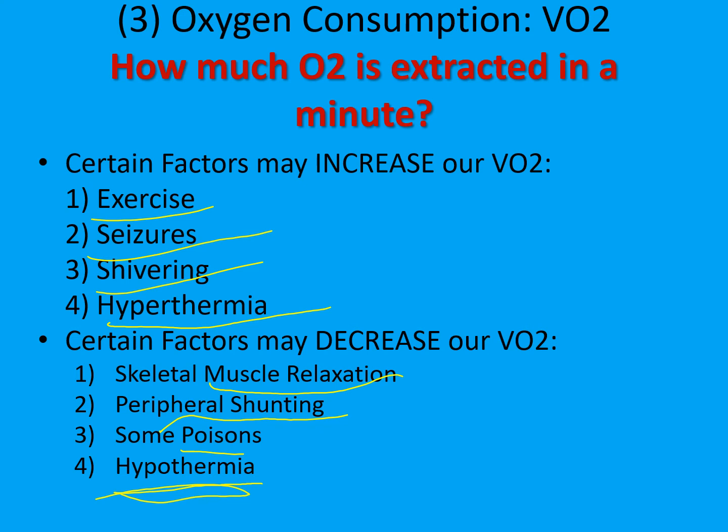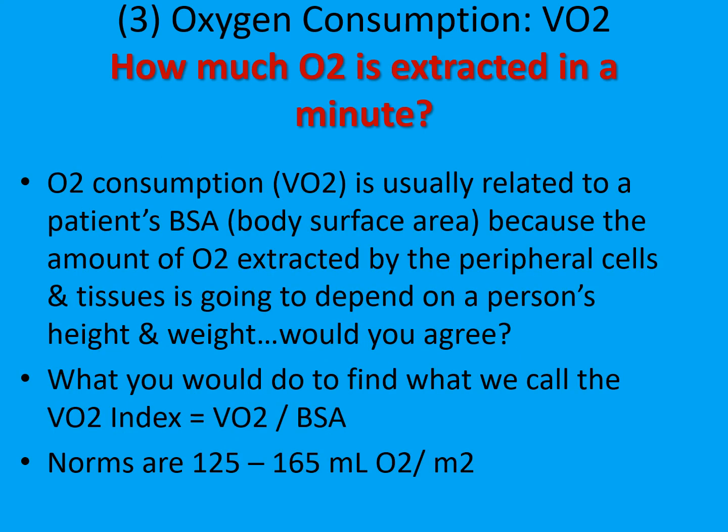Hypothermic therapy is where we take their core temperature down to around 33 degrees centigrade or so, and we have to paralyze them so that they're not shivering, and therefore voiding the hypothermia part. You can do some research on that process overall, but that hypothermia will decrease our consumption.